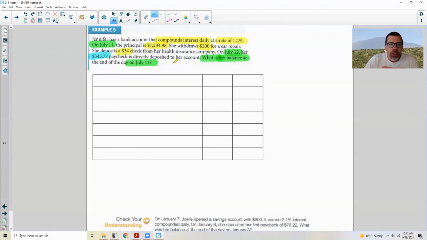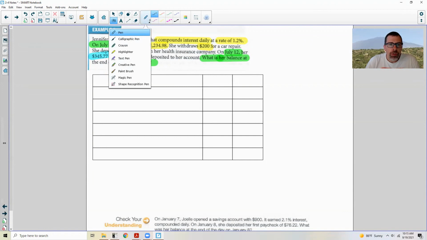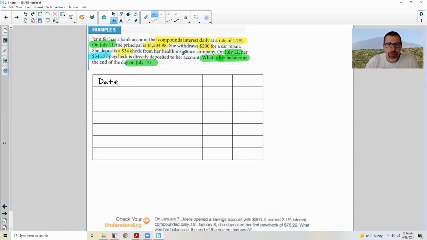Okay. So what we're going to do here is start off by putting date. And what are the two dates? July 11th, July 12th. So we're only talking about 2 days here. And then we're going to have an opening balance.